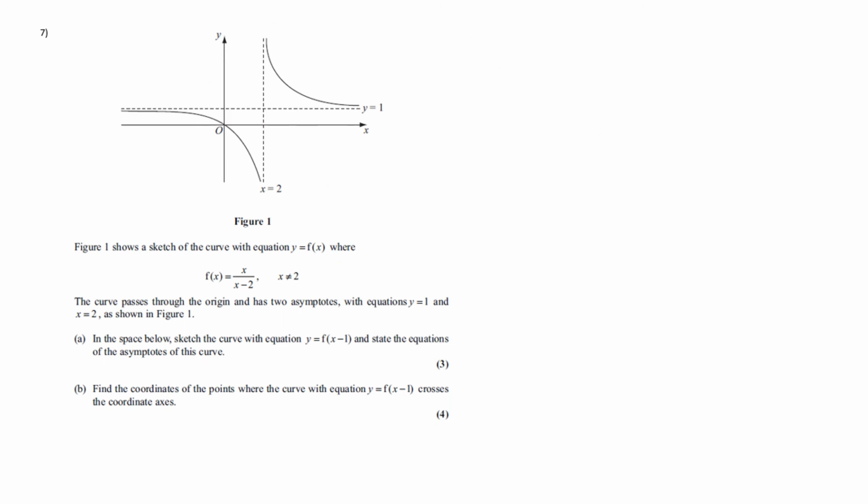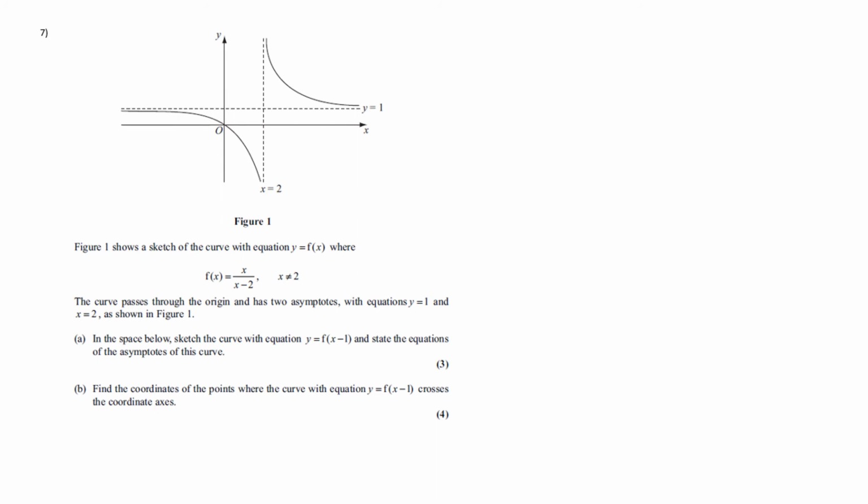Okay, question 7. So here is the graph of f of x equals x over x minus 2. If you're going to do f of x minus 1, then that is going to be a translation of 1 unit in the x direction.